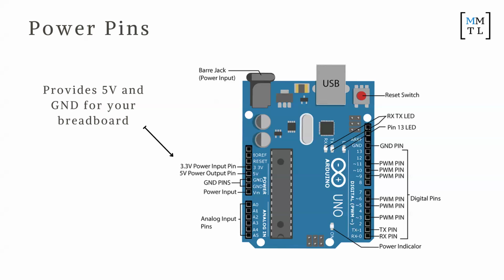Alright, just for debugging purposes, so it's a bit easier for us, please make sure to use these pins in particular: the 5V power output pin and the ground pin, okay? Another good practice is black is ground and red is 5 volts. Always use that color scheme.